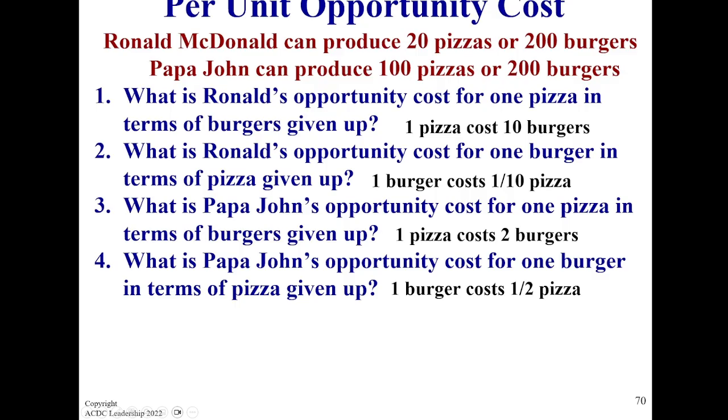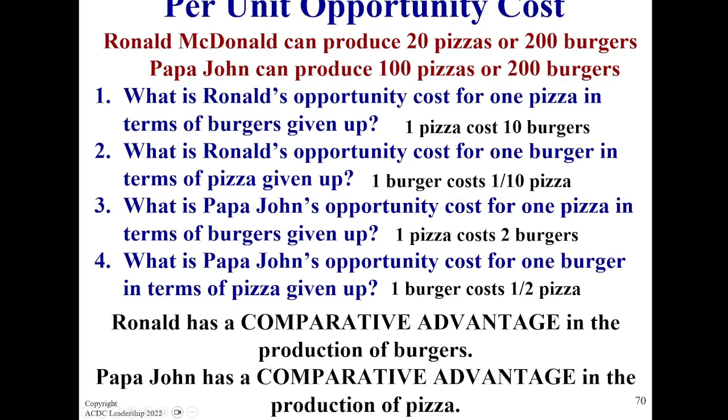Because once again, to make 1 burger, Papa John has to give up half of a pizza, versus Ronald McDonald giving up 1/10 of a pizza. They're barely giving anything up. So if Ronald McDonald's per unit opportunity cost for producing burgers is less, that's what they're going to be producing. So Ronald McDonald has a comparative advantage in the production of burgers, and Papa John has a comparative advantage in the production of pizza.